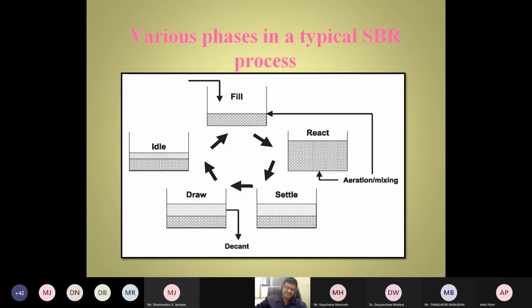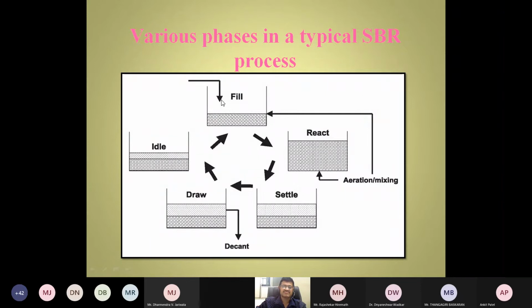After the react phase, the sludge will be settled at the bottom, and then we draw off the upper portion, we decant it, and the sludge remains here. Then again we fill it.